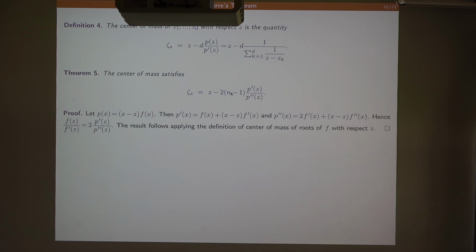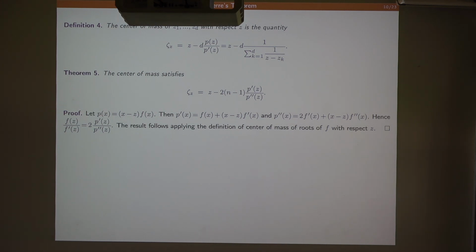Sorry, n is d. Good remark. N is d. I take d because d is the degree. N can also be the degree of a polynomial, but generally it is the number of variables.